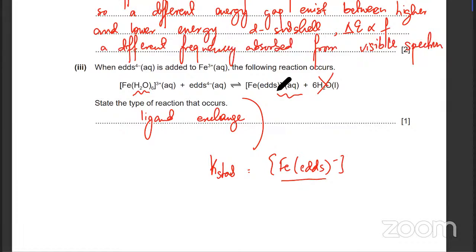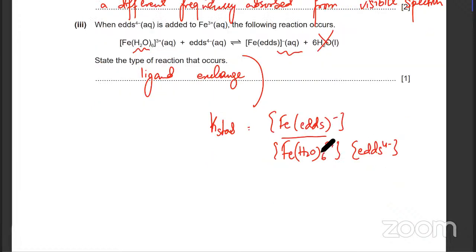The reactants in our case are Fe with 6 water molecules, 3+, its concentration, times the EDDS 4- concentration. Everything is 1 to 1, so all the exponents would be 1. Just don't write water in the expression. That's your K stability value.